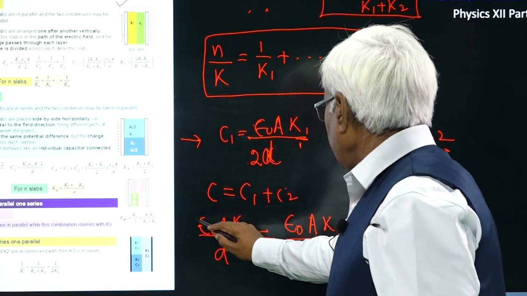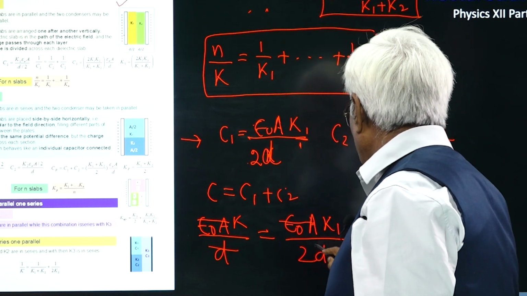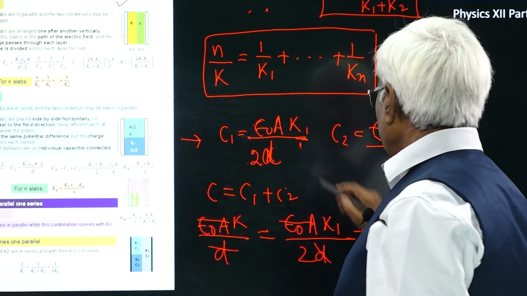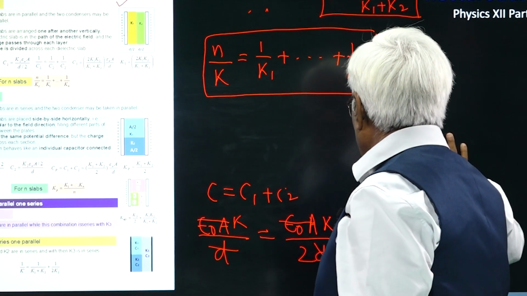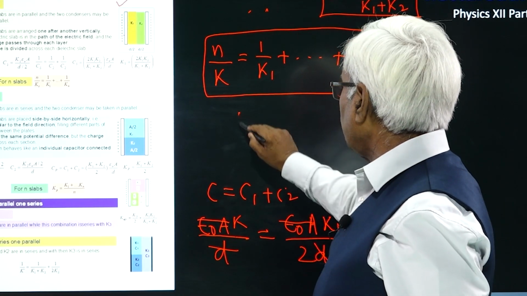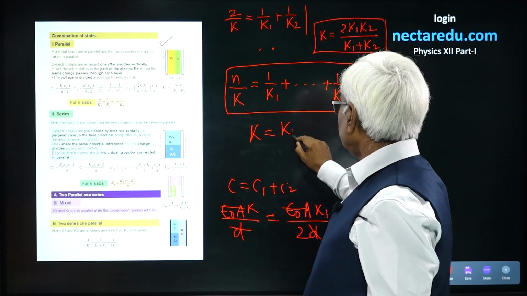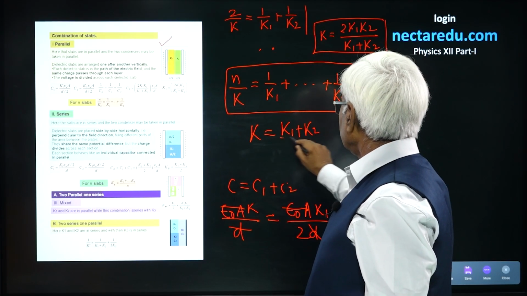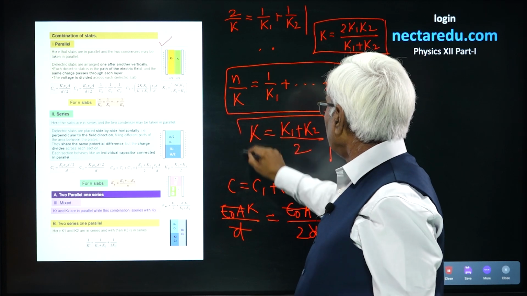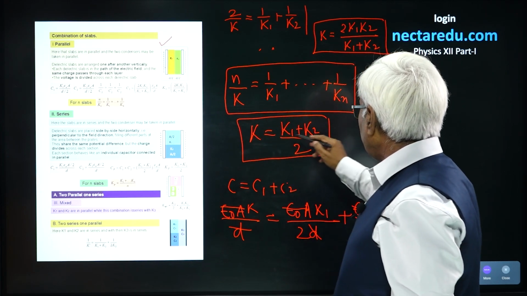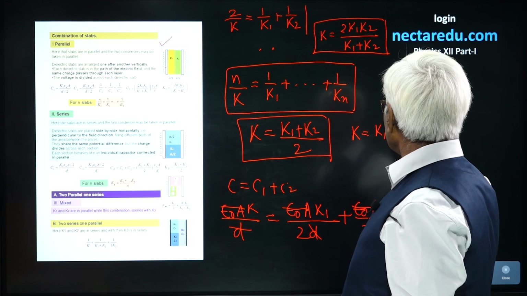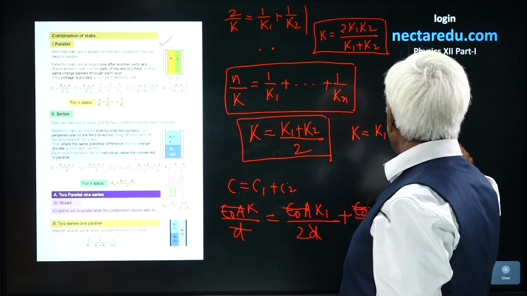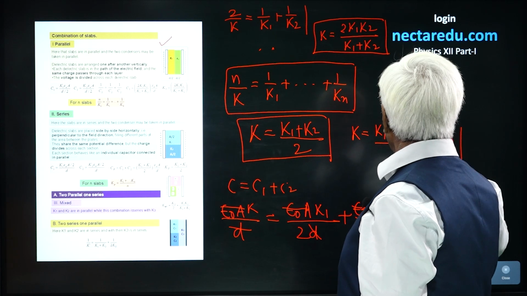This is common throughout. What remains here is simply K equals K1 plus K2 by 2. If there is n number of condensers, then this is equal to the sum of Kn upon n.